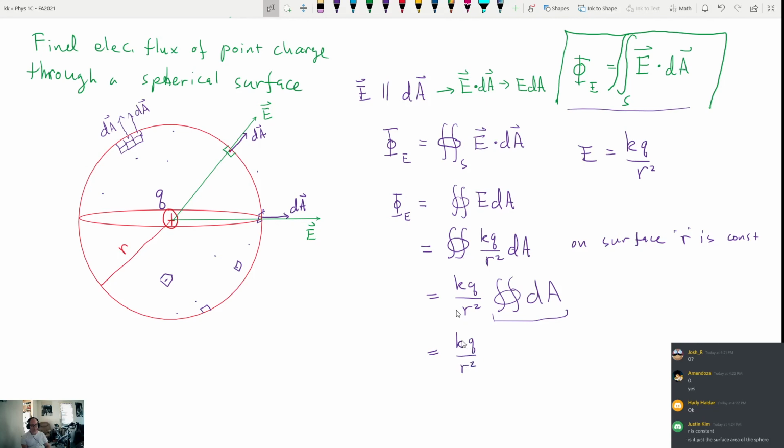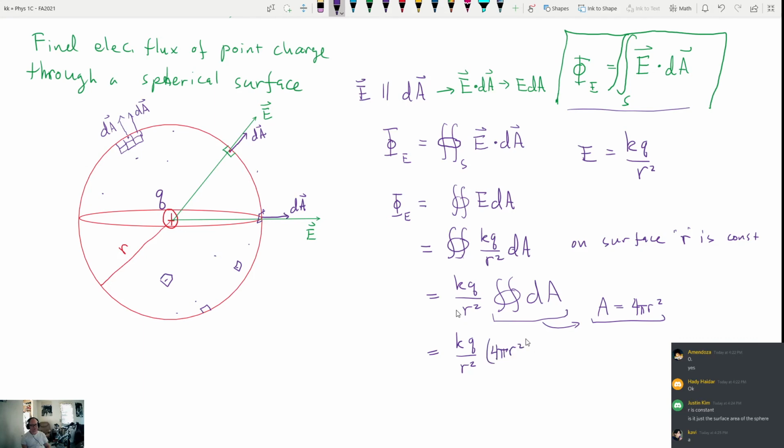It's the surface area of the sphere. That's exactly right. So this entire thing is equal to the surface area of a sphere, which is 4 pi r squared. That's the surface area of a sphere. So the whole integral is just 4 pi times r squared.